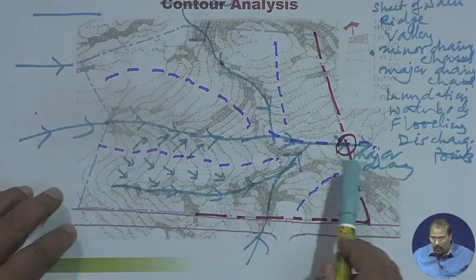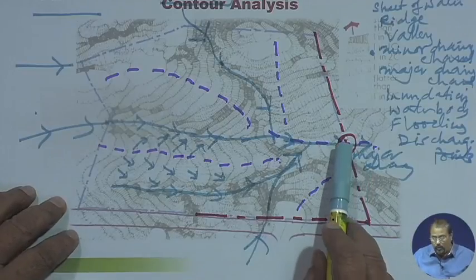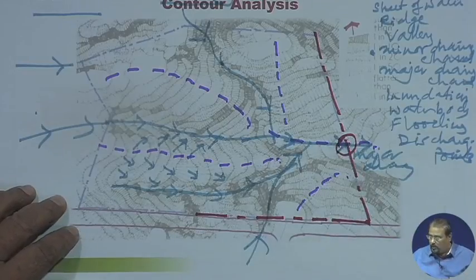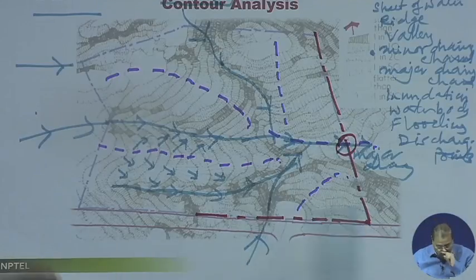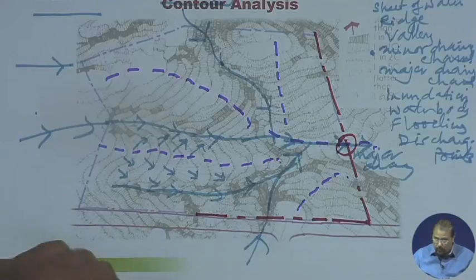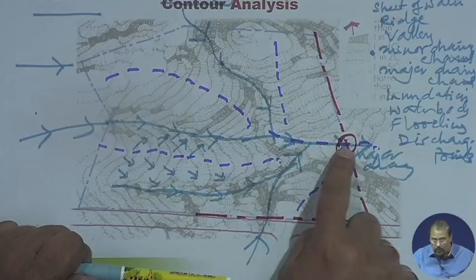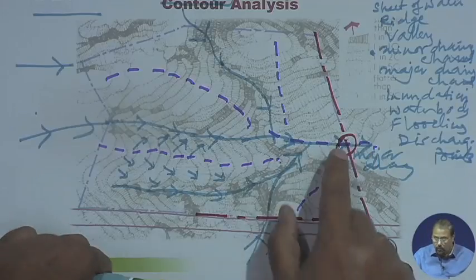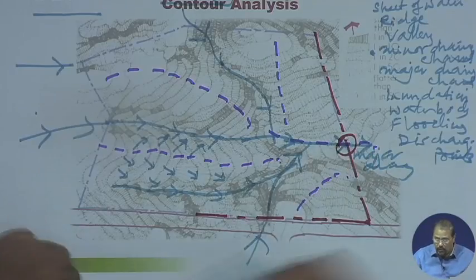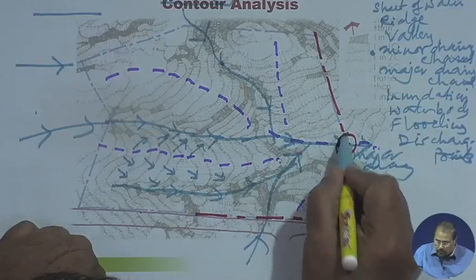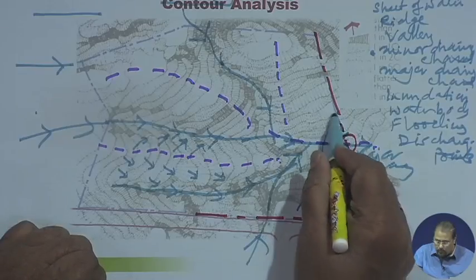In case you find at the discharge point there is not much of a good exit for this water, then automatically, I am using colors which may not be very suitable for these, but when you find that the water is not able to discharge, though this is the lowest point of discharge, and the water is not getting out, gradually you will find that this will start collecting water.